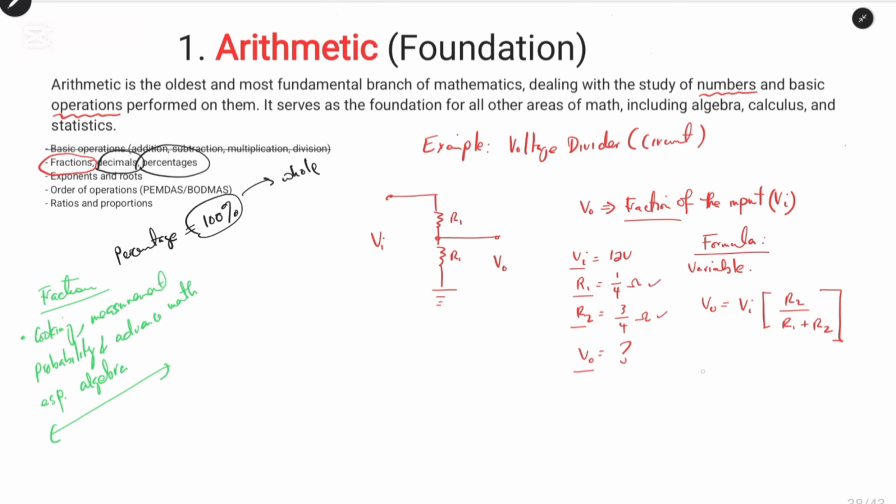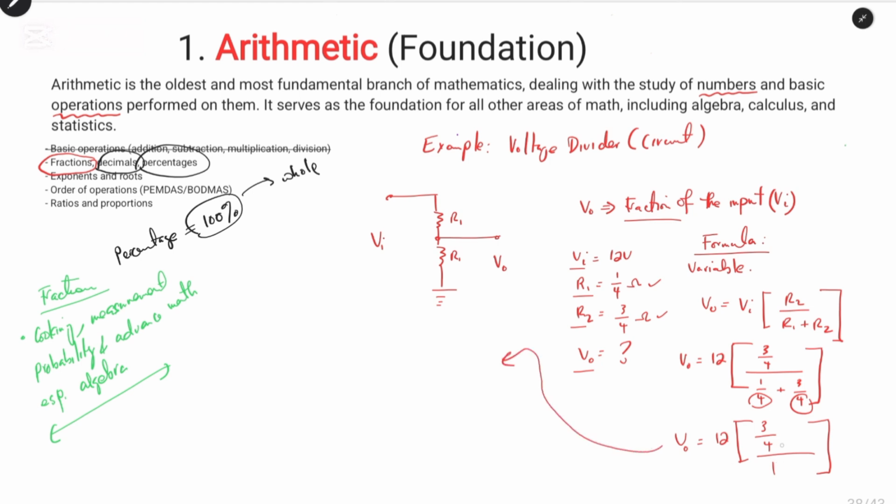So if we want to compute, we have Vout is equal to 12 multiplied by 3/4 over 1/4 plus 3/4. Since these two values are like terms, we can simply add because we have the same denominator. 1/4 plus 3/4 will give us 1.